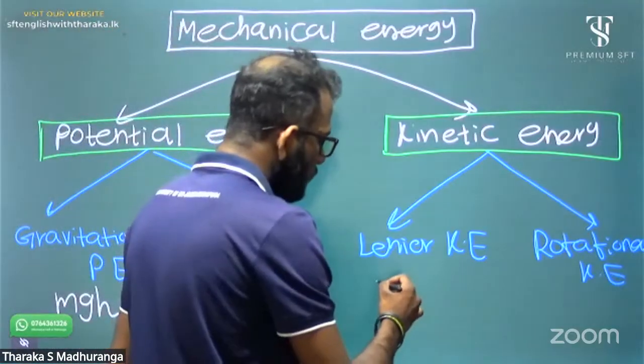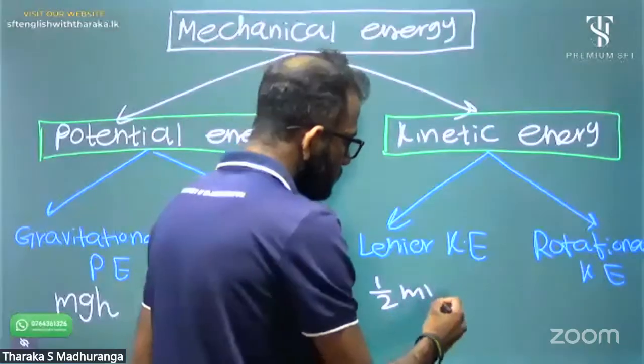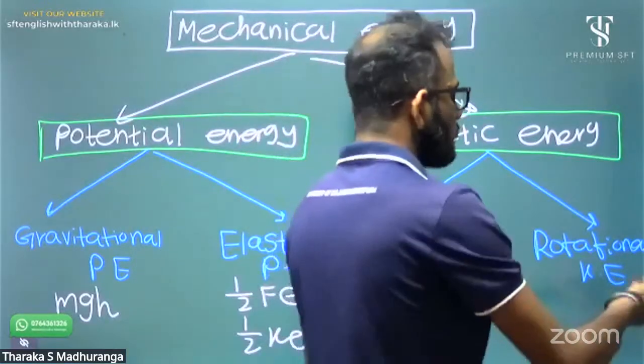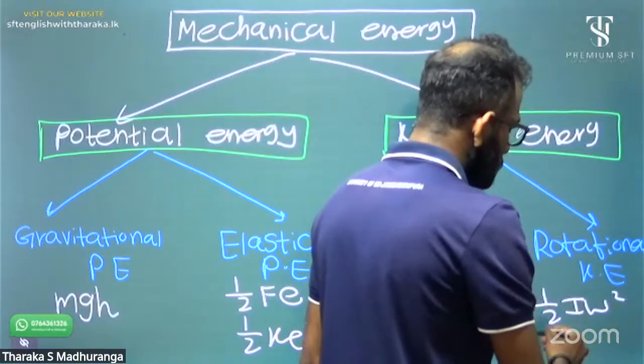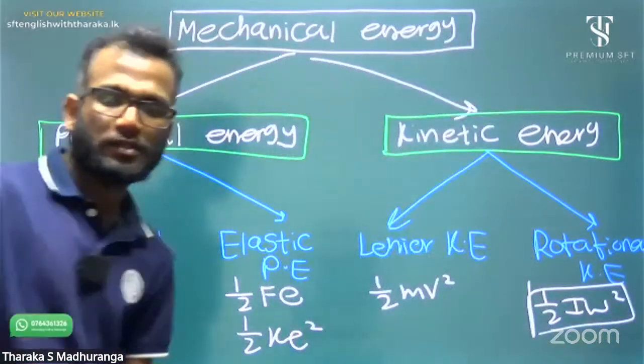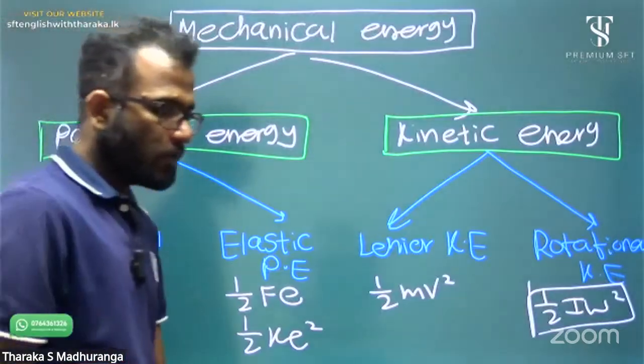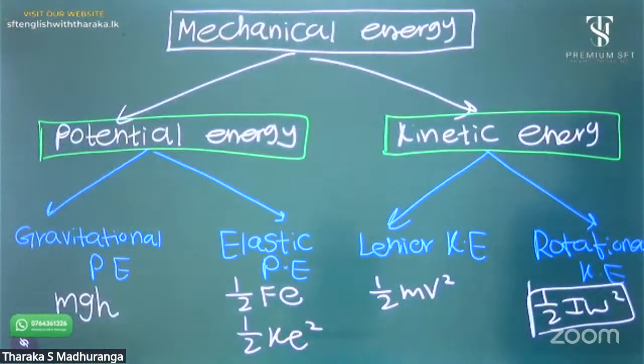Linear kinetic energy is half mv squared. Rotational kinetic energy is half I omega squared. Okay, quickly note it down.